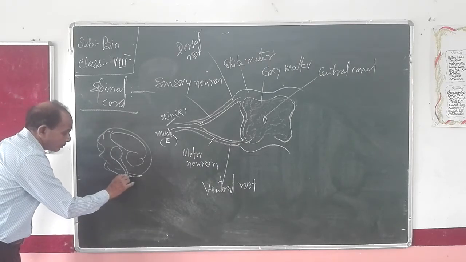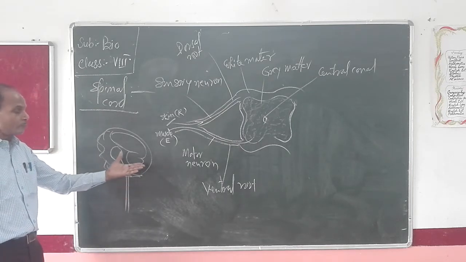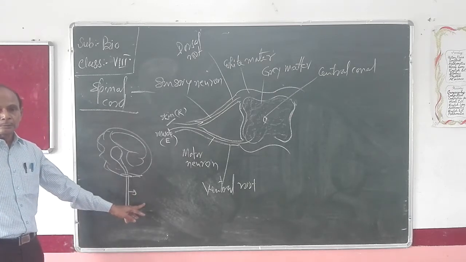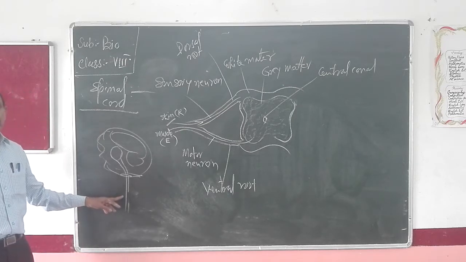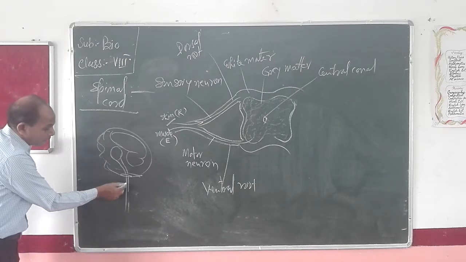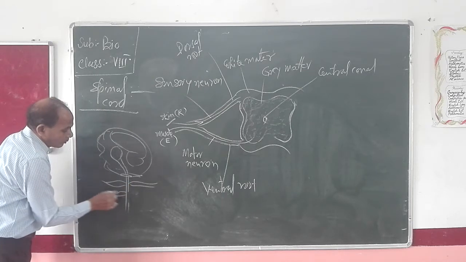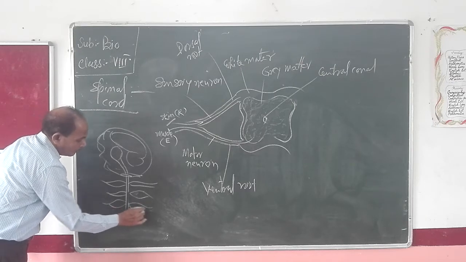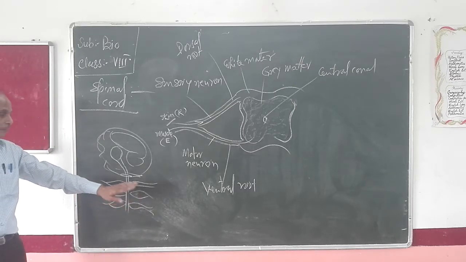This extended part of the medulla oblongata which comes out from the brain box is known as the spinal cord. Clear? The spinal cord runs through the central canal of your backbone. From this spinal cord, a total of 31 pairs of spinal nerves arise. How many? 31 pairs of spinal nerves arise.